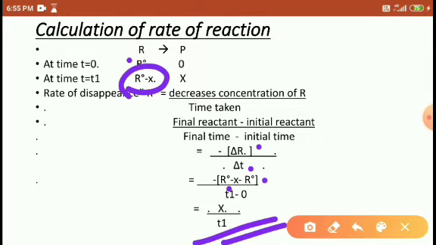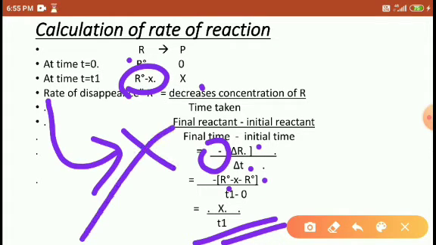Right students? Why do we substitute the minus here, students? Because the concentration decreases. The change in concentration is negative, but rate can never be negative.